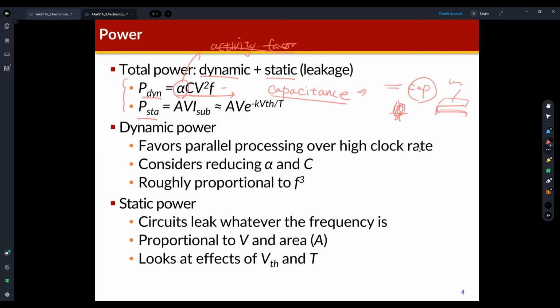Every circuit has parasitic capacitance, and the electric charges are stored in this parasitic capacitance. So capacitance is proportional to the area of the chip, and V means the supply voltage.